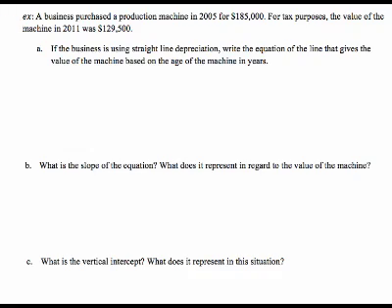Okay, so if we're going to write an equation that gives the value of the machine based on the age of the machine in years, that means our x is going to be the age of the machine. Let's let A equal the age of the machine. You do have to define your variables if they're not given to you. So we'll have age, A, on this axis.